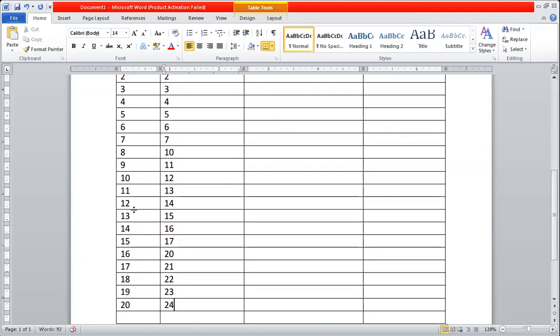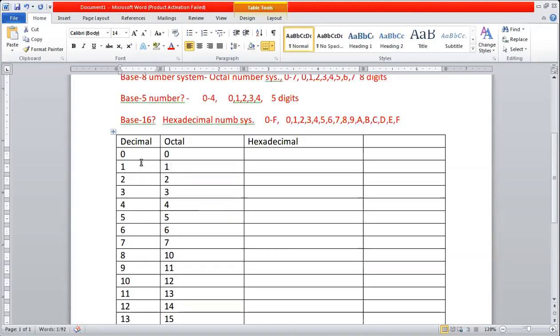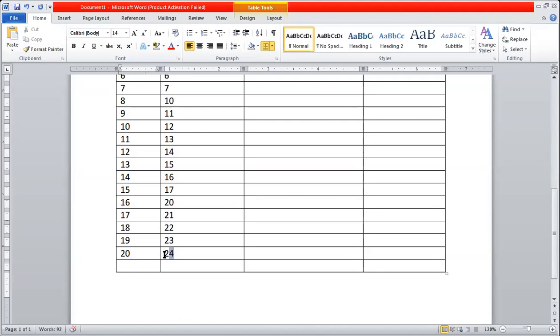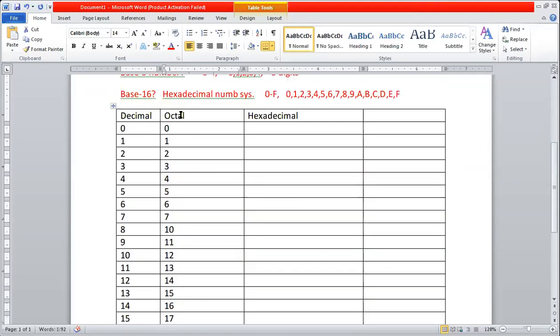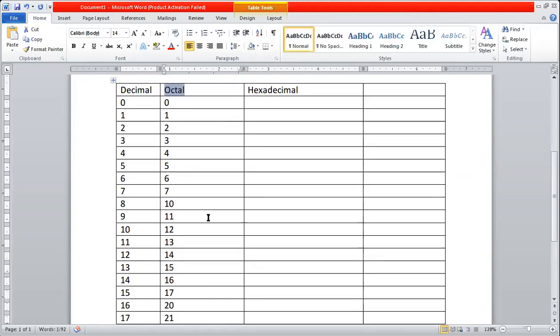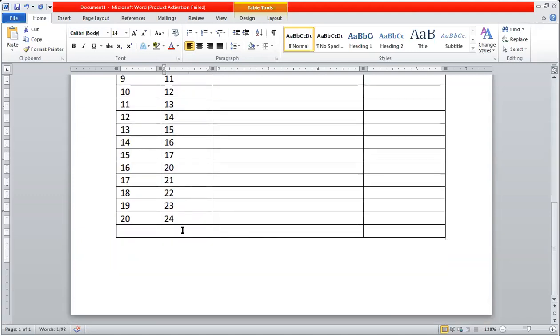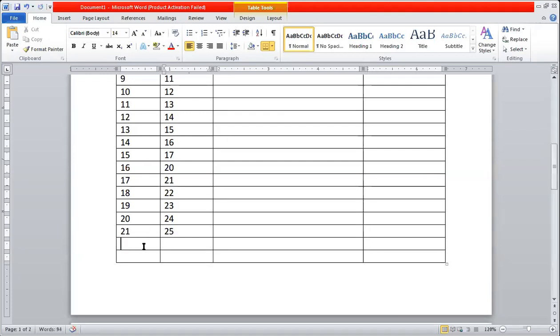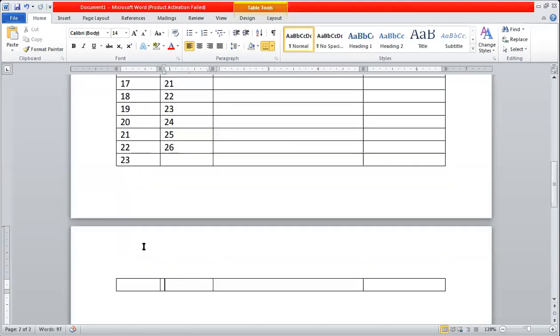So here, directly, if you convert the decimal number 20, it is equivalent to 24 in octal. Okay, so it goes on. Here it is 21, but here it is 25. Here it is 22, here it is 26. Here it is 23, here it is 27. And here it is 24.